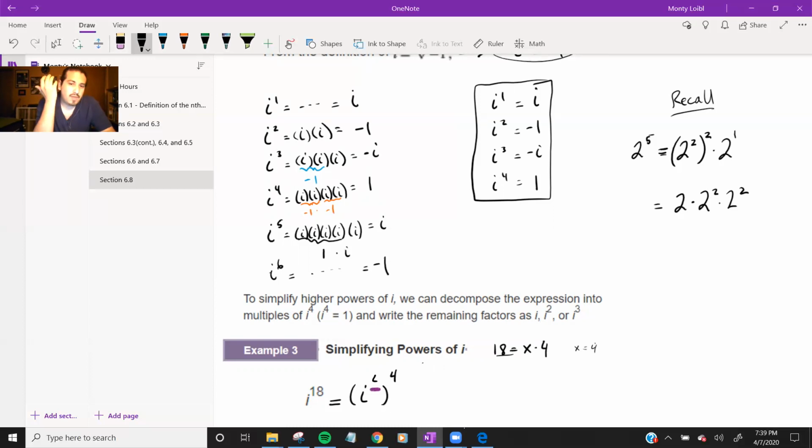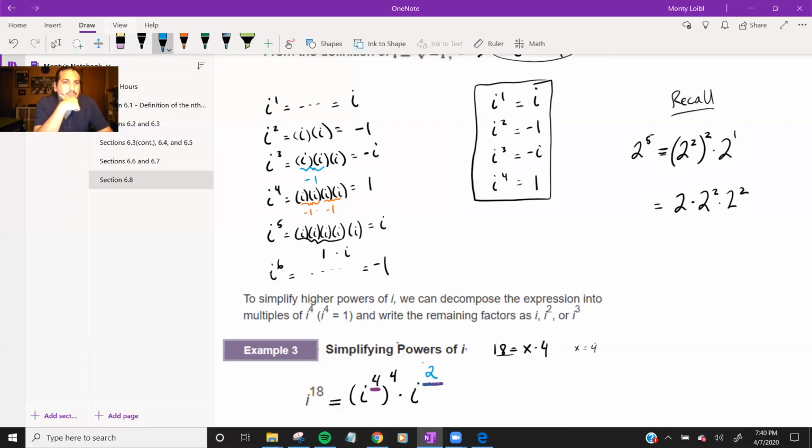So if we have i to the fourth power, that means we need i to the what power? So someone in the chat, help me out. It's going to be i to what? Remember this is i to the 16th power here. So what would my exponent need to be here so I get 18? Do we see that it would be 2?